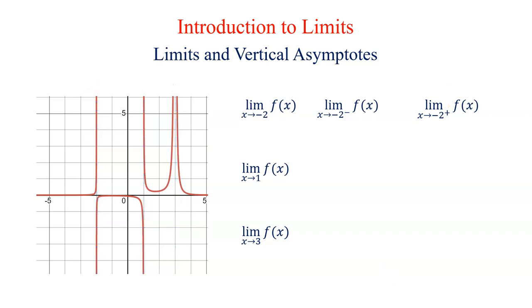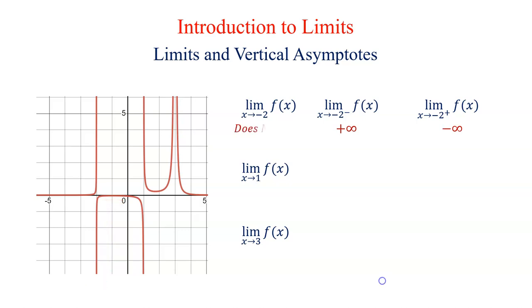So when we considered the first, approaching the -2 from the left, the graph is going toward positive infinity. So the limit of f of x as x approaches -2 from the left is positive infinity. If we approach it from the right, it's approaching negative infinity. So that's the trend.